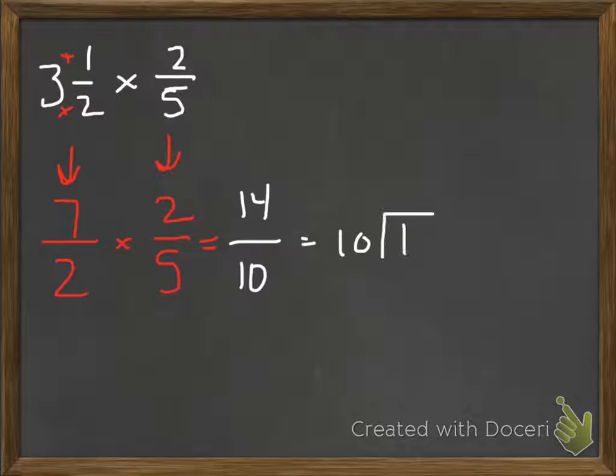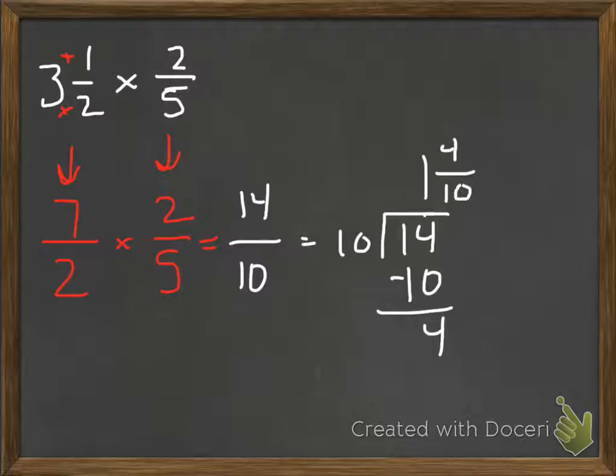So 14 divided by 10. 10 goes into 14 one time. 14 minus 10 is 4. 4 is your numerator. Denominator stays the same. And then of course we can reduce. 4 divided by 2 is 2. 10 divided by 2 is 5.